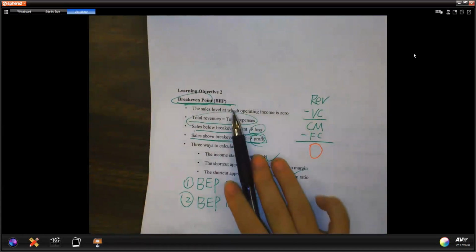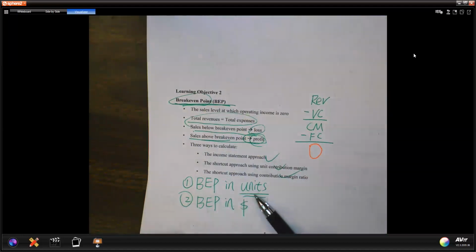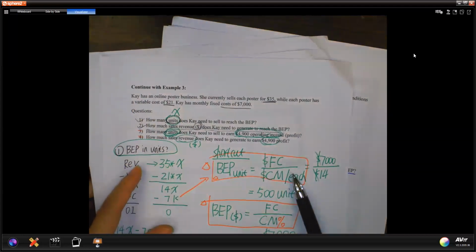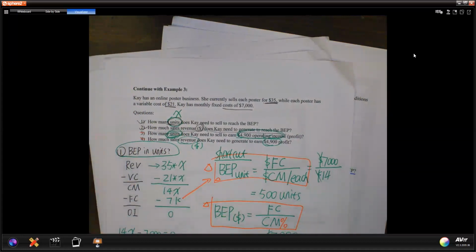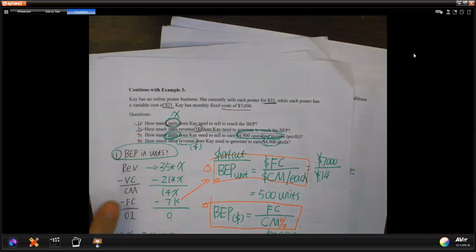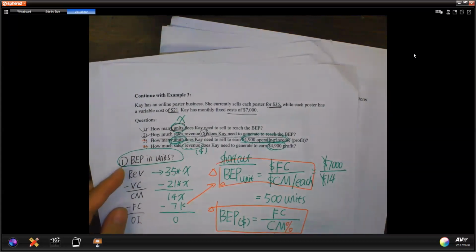Then we also talk about a very important example, the break-even point. We do break-even point in units and break-even point in dollars. There are different ways to do it, but I would say just use the formula. It saves your time. We practiced a lot in class, and we will practice more in the video. Break-even point is when your operating income is zero.